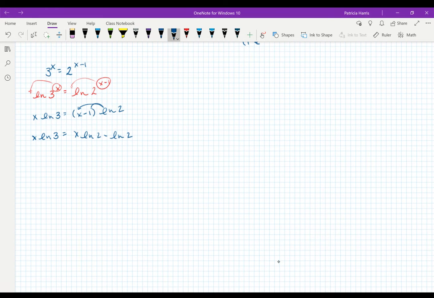So I'm going to subtract my x ln of 2 from both sides. So I get x times the natural log of 3 minus x natural log of 2 is equal to negative natural log of 2.